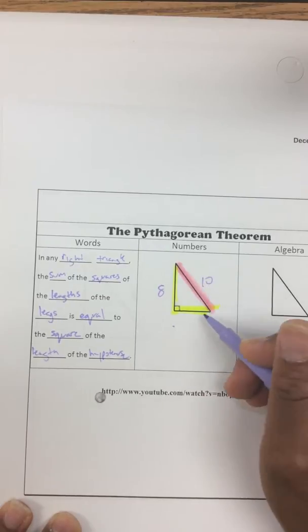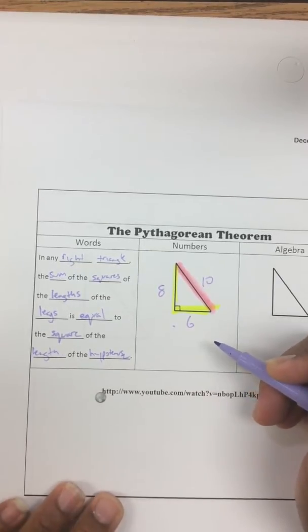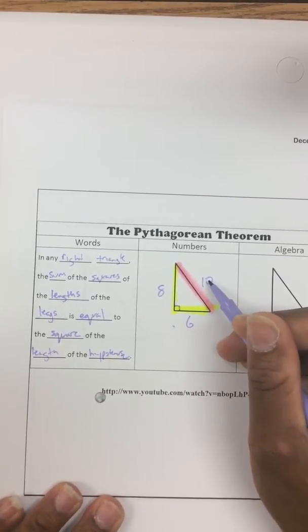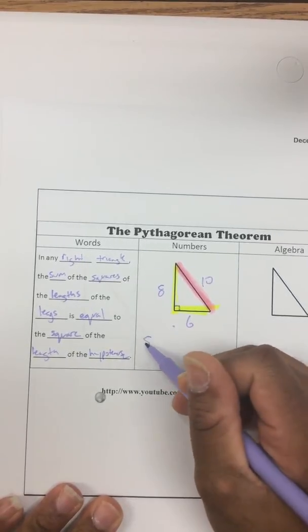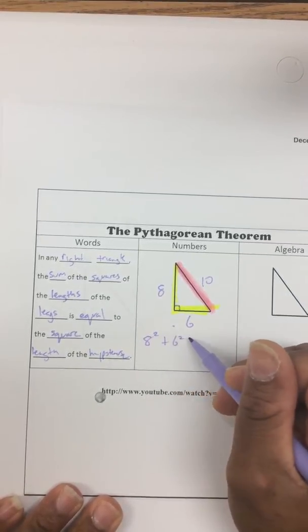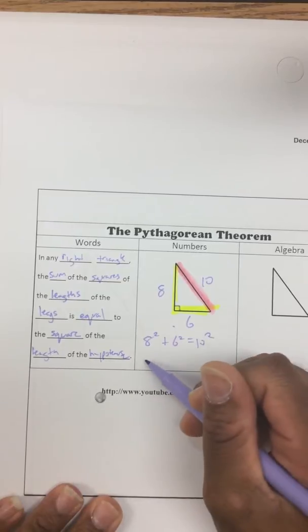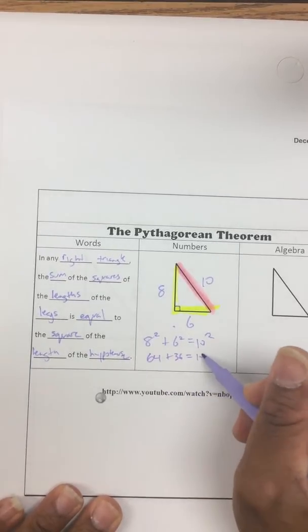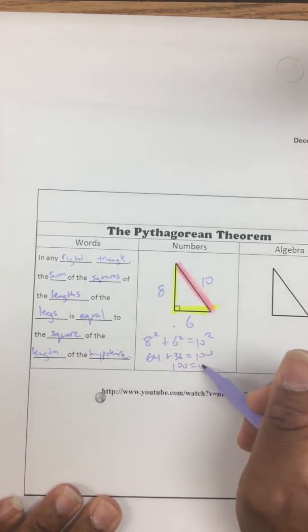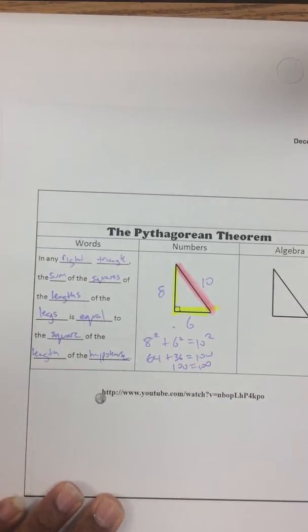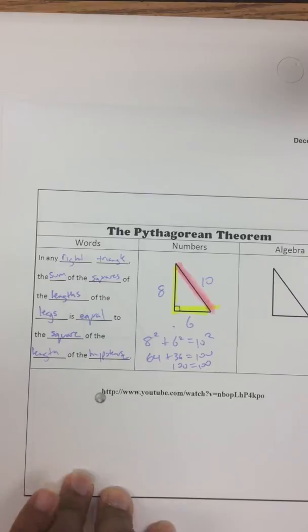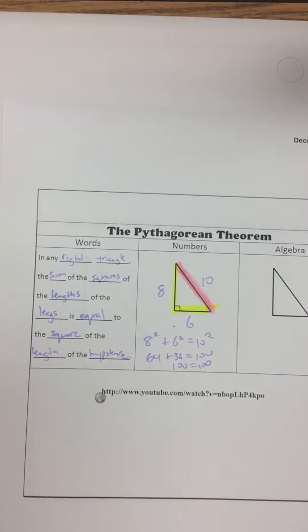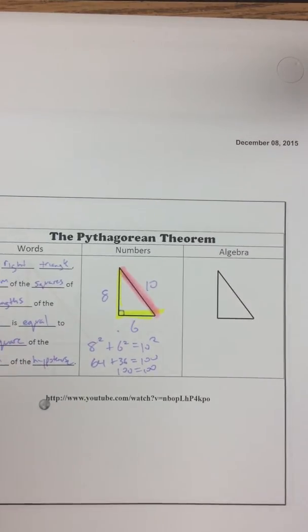I'm going to use 8, 10, and 6. And remember, I talked about this earlier, that hypotenuse is always the longest side. So let me put everything together. 8 squared plus 6 squared equals 10 squared. That'll give me 64 plus 36 equals 100. And I see that they are both equal. And I want you guys to remember that the equal sign means something. It means that both sides are equal. That's what it means.